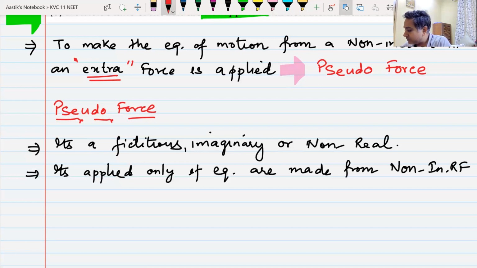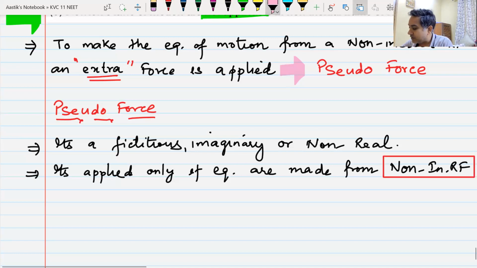Do we understand this? From a non-inertial reference frame. Yes or no?